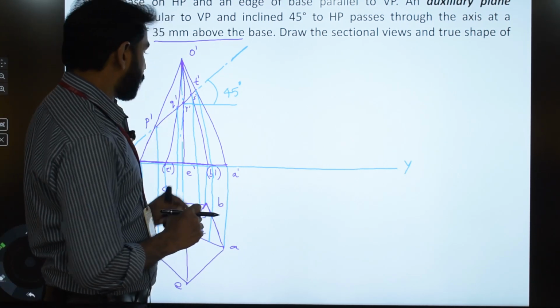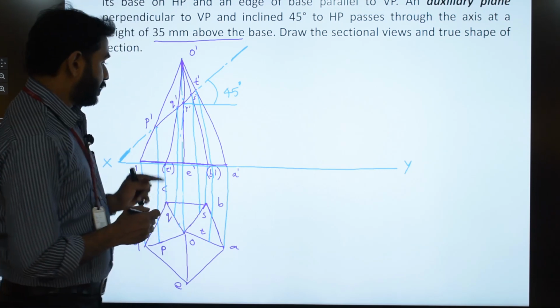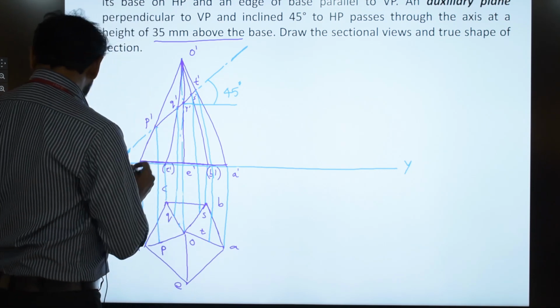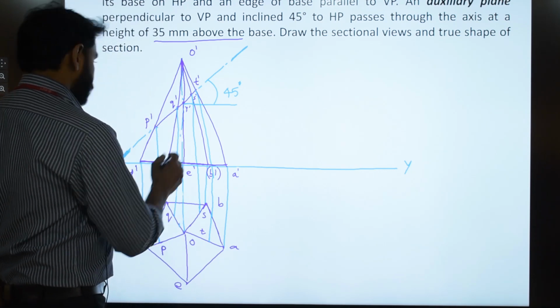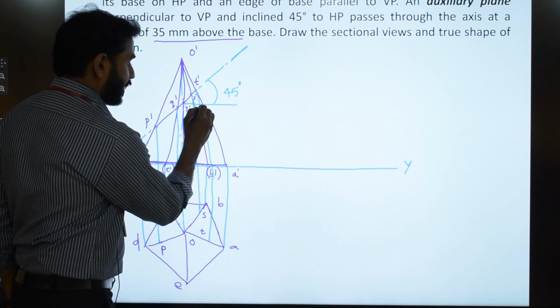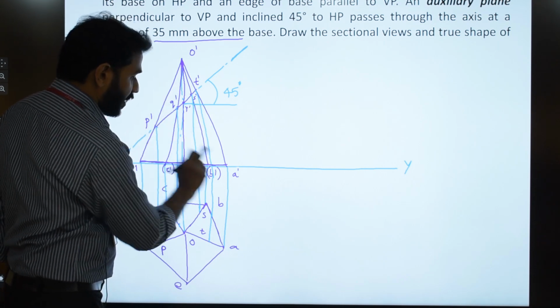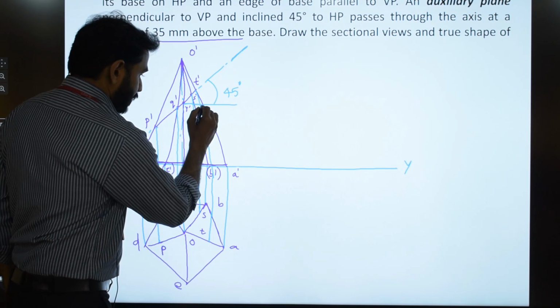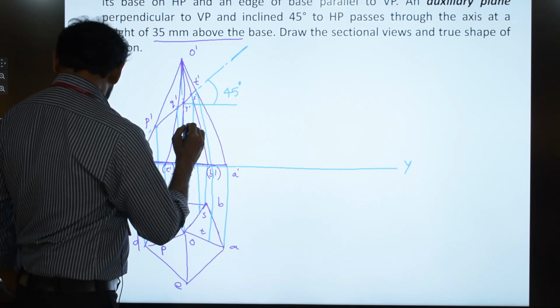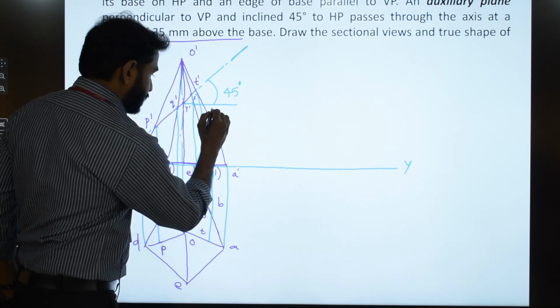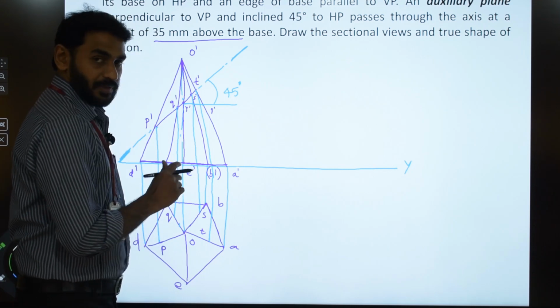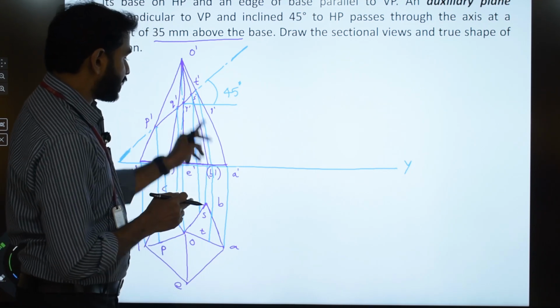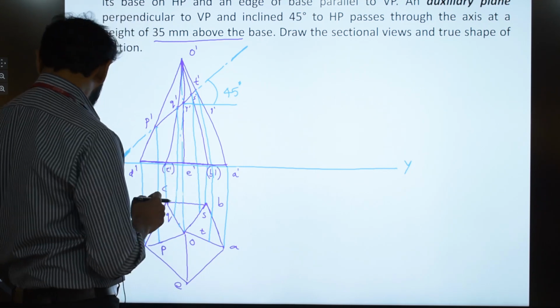Now to solve this problem, what we do is we draw a horizontal line from R dash onto the slant edge O dash A dash. Let's take this point as say 1 dash. So we get a new point on O dash A dash, which is named as 1 dash.